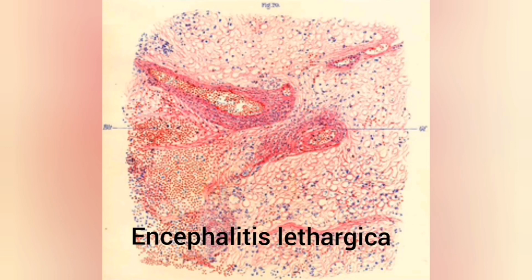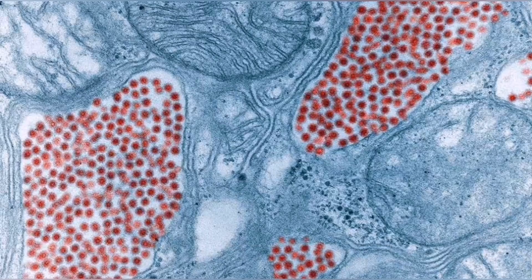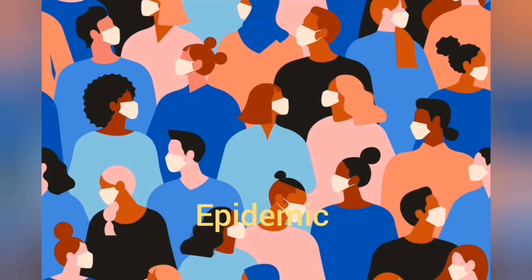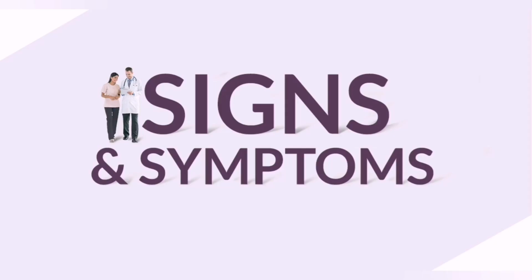Encephalitis lethargica. The cause of encephalitis lethargica is not currently known. From 1917 to 1928, an epidemic of encephalitis lethargica occurred worldwide. Signs and symptoms.